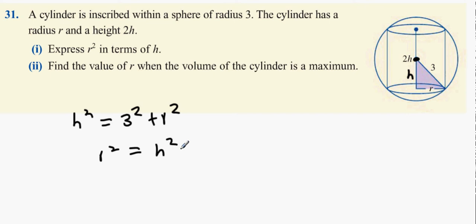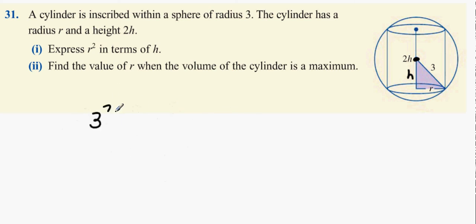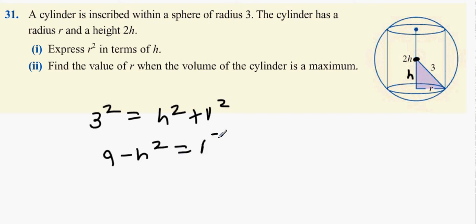Oh, sorry, wrong way around. 3 is the longest side, so 3 squared equals h squared plus r squared. And then it's going to be 9 minus h squared equals r squared.